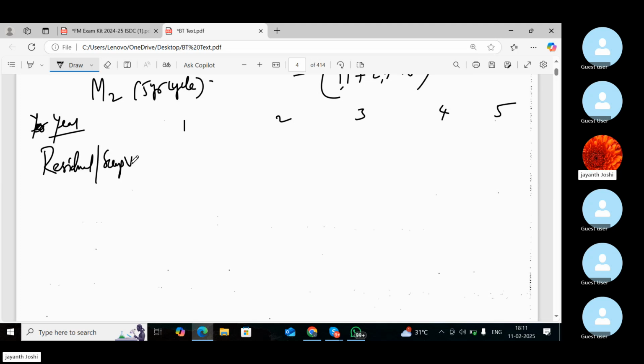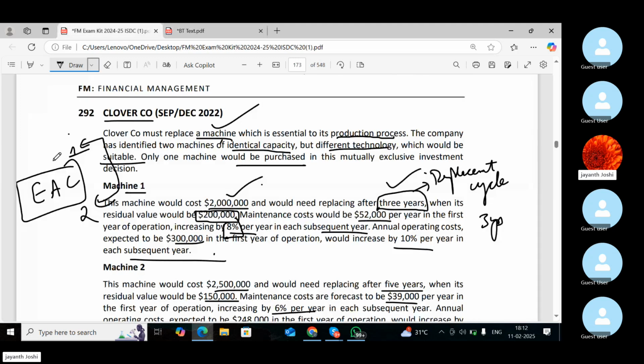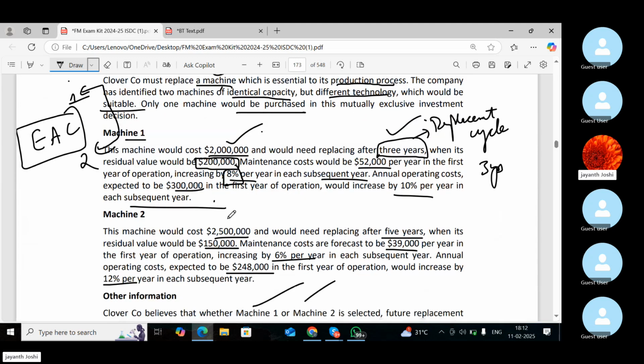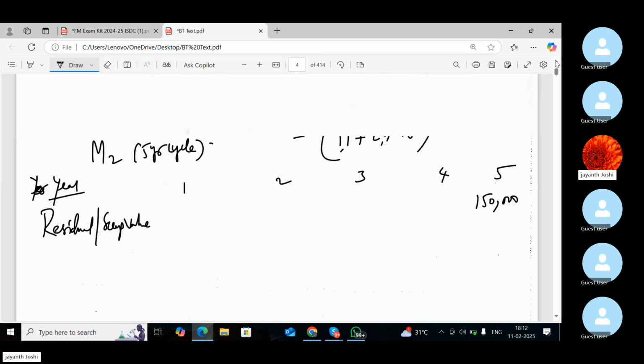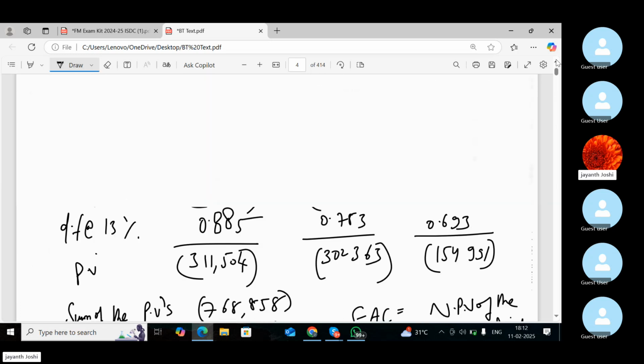Residual or scrap value. What is the scrap value given for the second one? It's 150,000. This is an inflow. Okay, the scrap value you're going to get is an inflow.